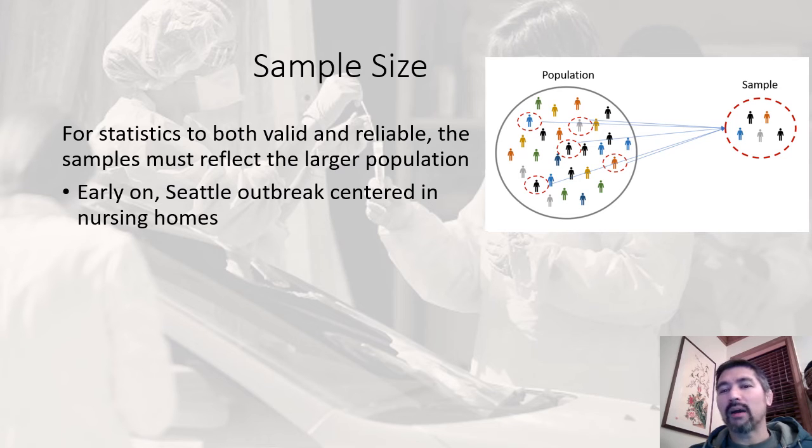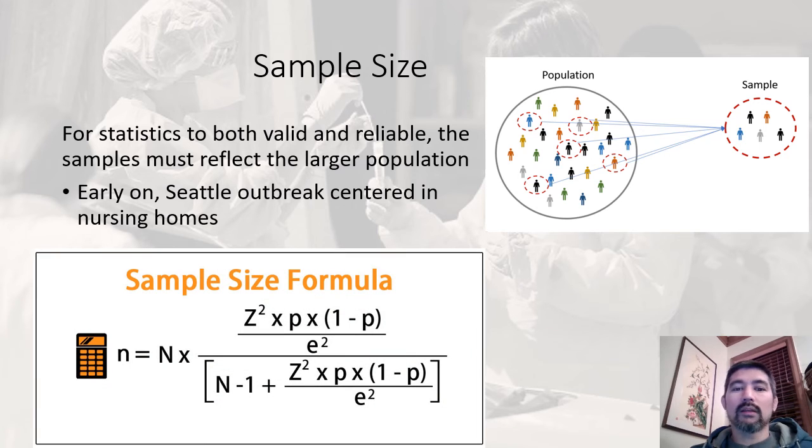If my results don't show that information, then the validity of my sample is much less than it should be. We even have an extremely complicated formula for how large our sample size should be. I'm not going to get into those details, but the point is there's some math to sample size.